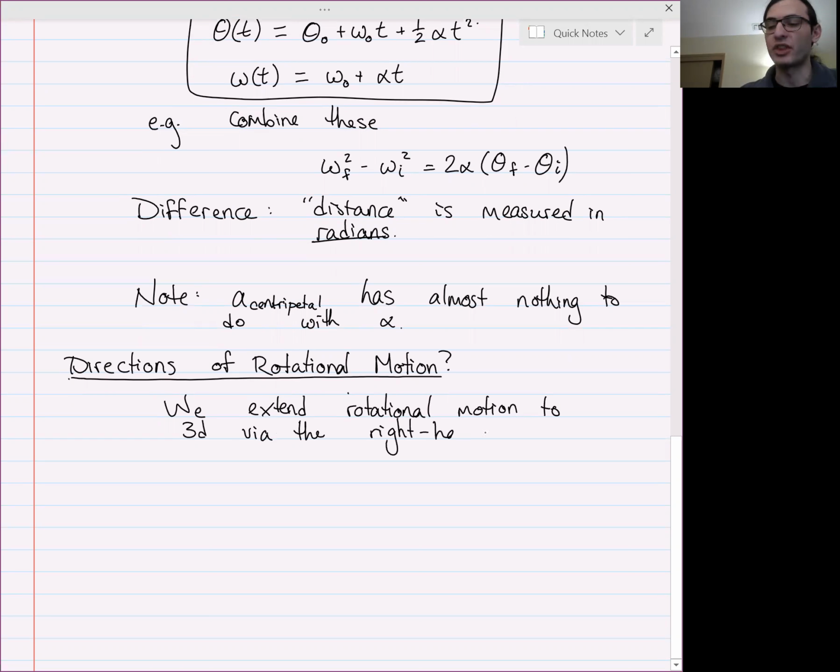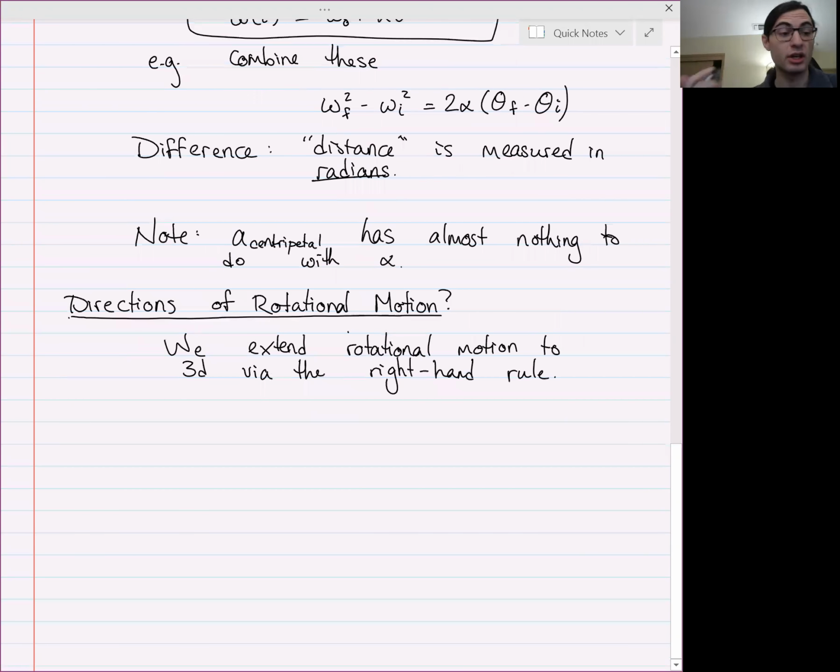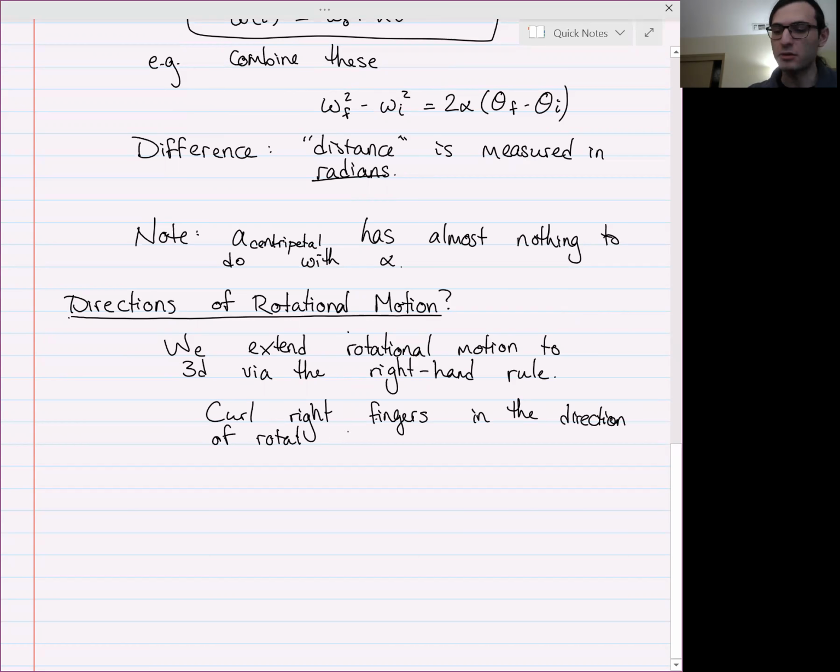So if we want to know the vector direction associated with a rotation, we curl the fingers of the right hand in the direction of rotation, and then the thumb points in the direction of the vector.